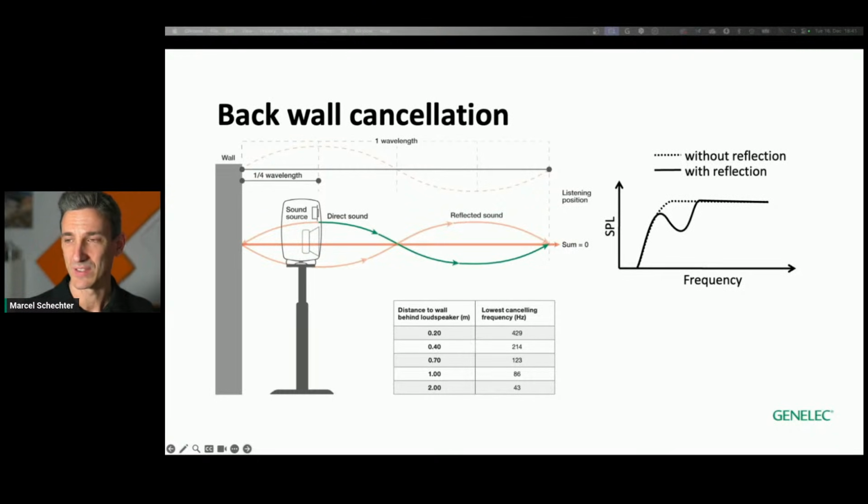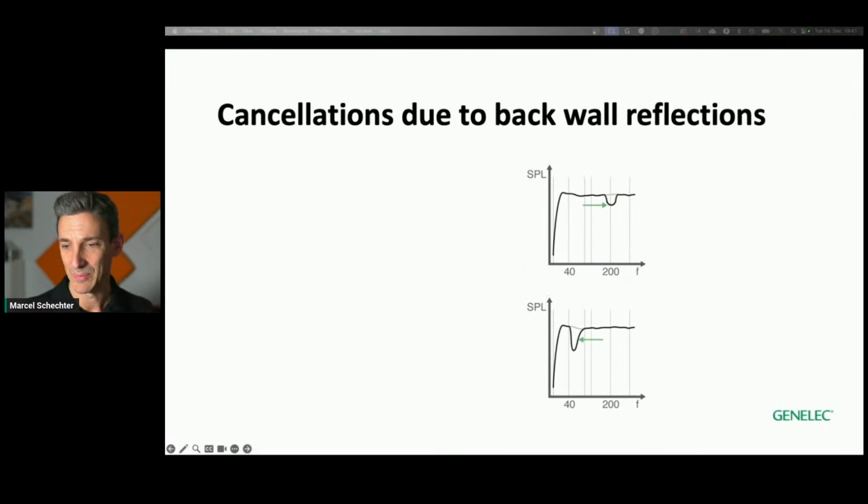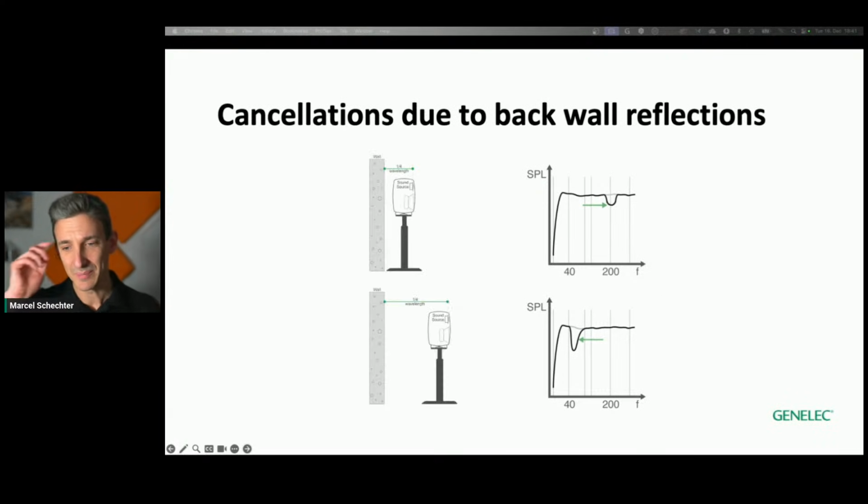This is just once more a way of showing what's happening. And what's also interesting to see: the closer I get to the wall with the speaker, the shorter this quarter wavelength is. This means the higher the frequency that is cancelled out. Which means at a higher frequency, the speaker already gets directive.